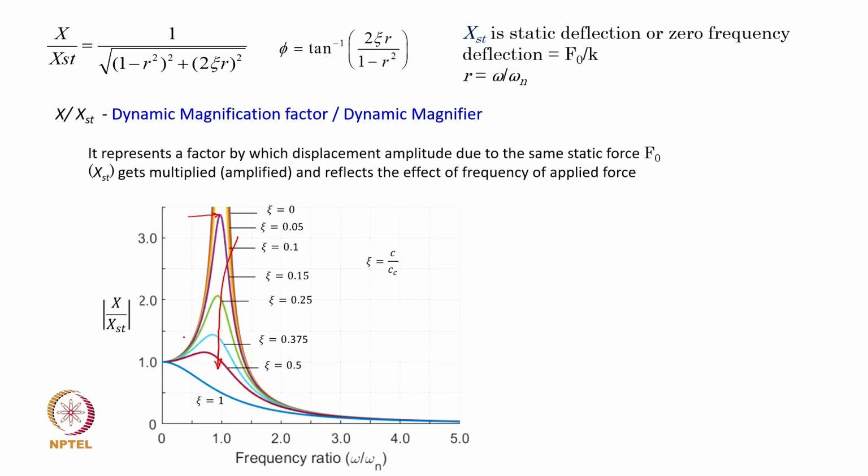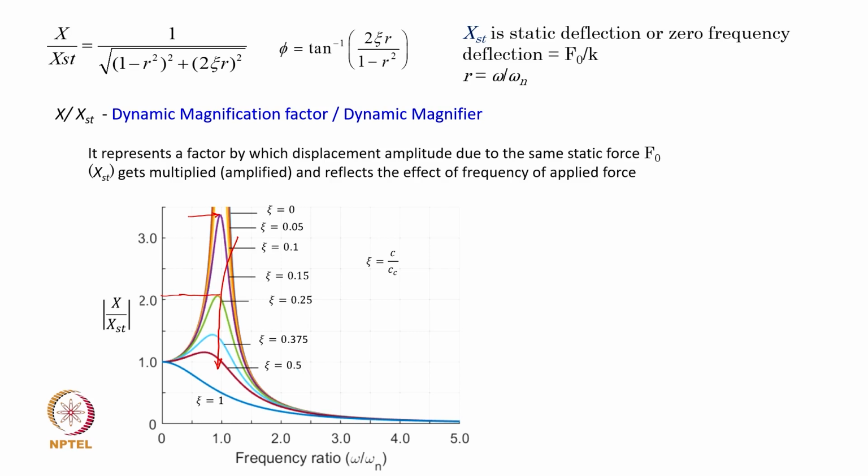For a damping value of 0.25, the amplitude drops by more than 50%, to 2.1 or so. So, the damping definitely has a pronounced effect on the peak amplitude at resonance.